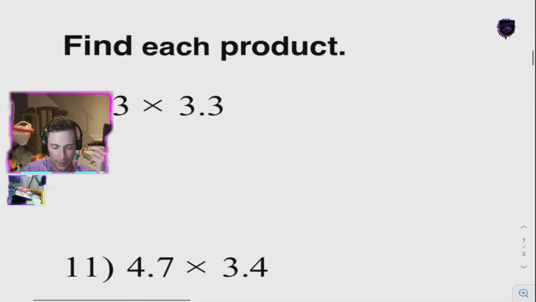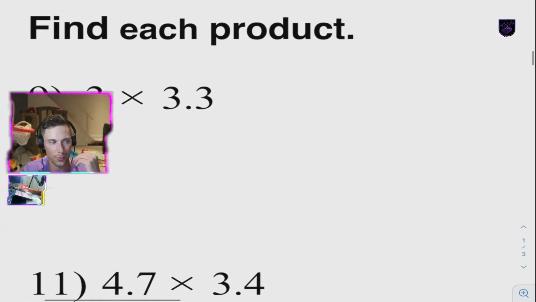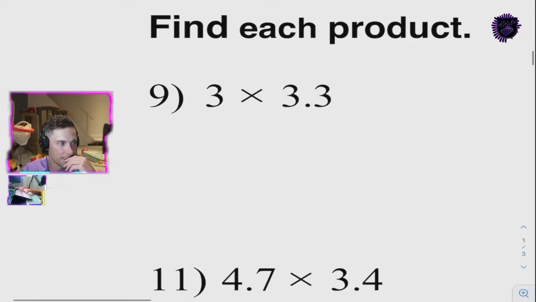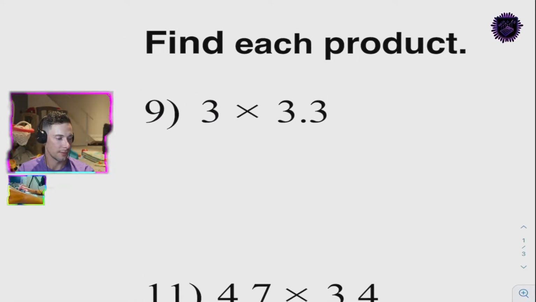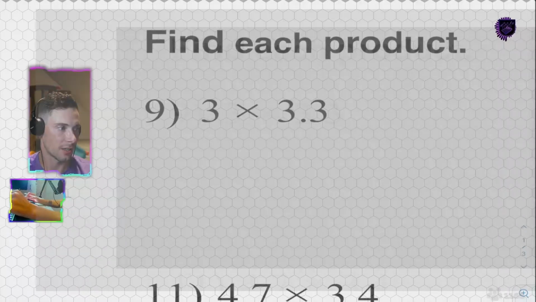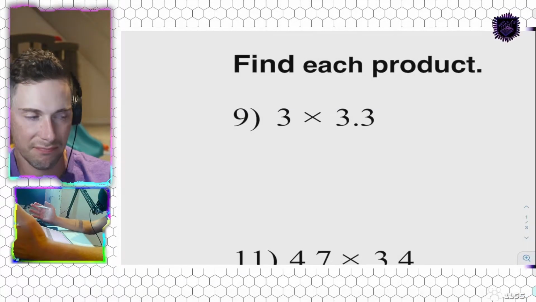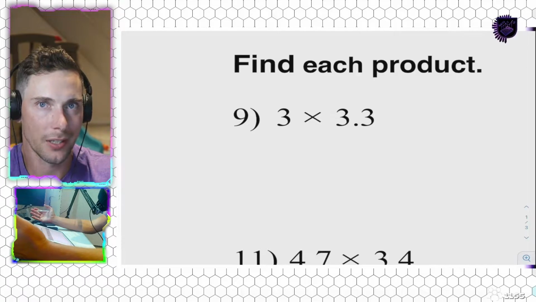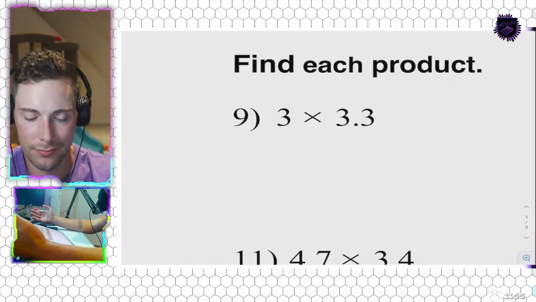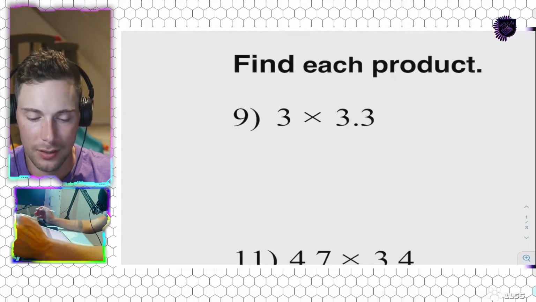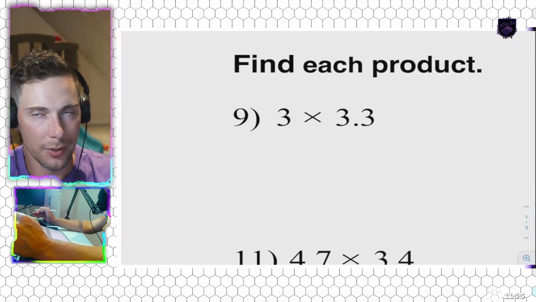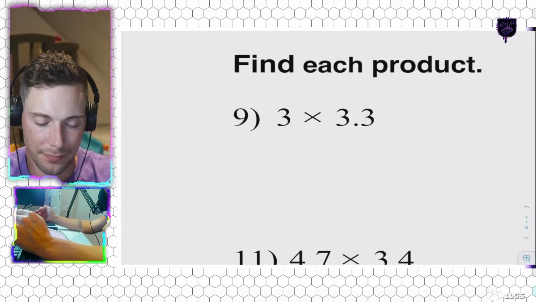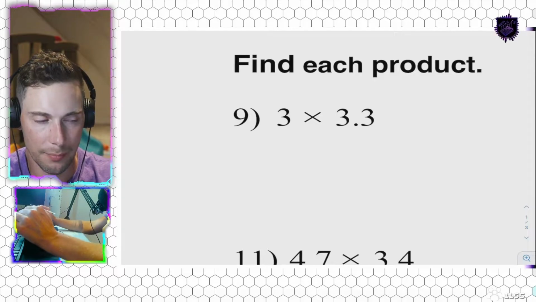Okay. Get into the meat and potatoes of this assignment. Meaning this is kind of what we're asking here, we want to practice our multiplication of our decimals. That's what we're doing.